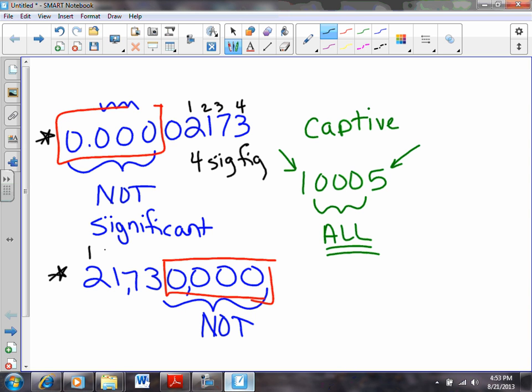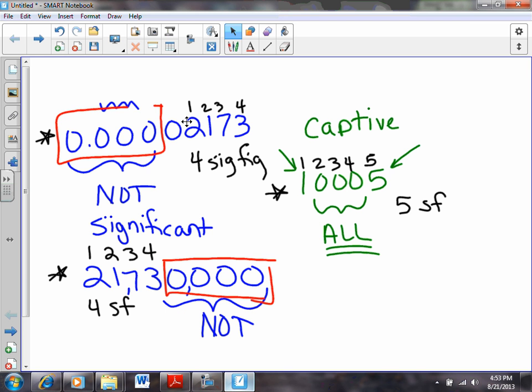So this also has 1, 2, 3, 4 sig figs. But when we look at this number here, because all of the zeros are significant, this has 1, 2, 3, 4, 5 sig figs. It has 5 significant figures, or 5 sig figs. So those are the general rules.